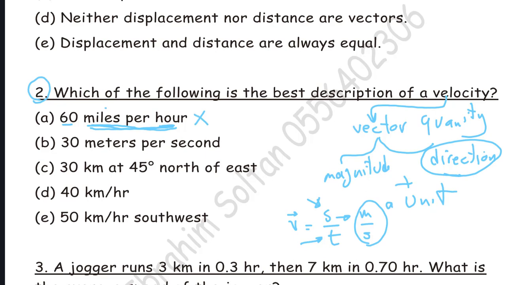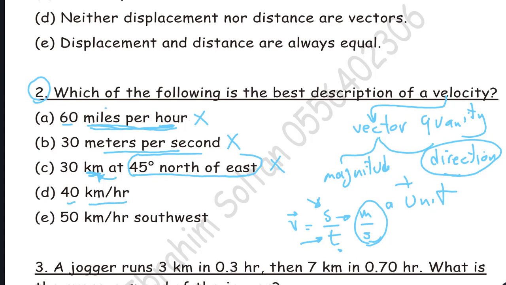Second choice, 30 meters per second, also doesn't have a direction. Choice C, 30 kilometers at 45 degrees north of east, has direction, but the unit is wrong because kilometer is for length. We need a length over time, so this is wrong.